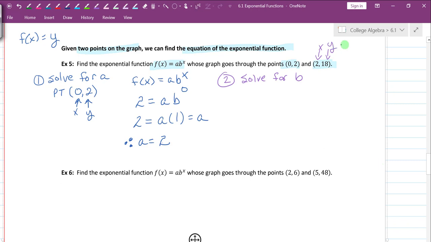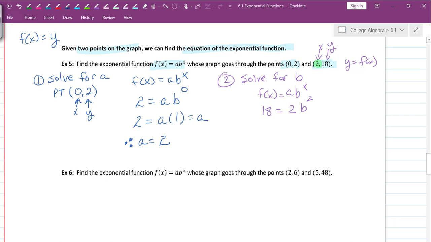And y is equal to f of x, okay? So I have f of x is equal to ab^x. My f of x is equal to y, which is 18. It equals a, which is 2, times b to the x. My x is also 2 from right here, okay?